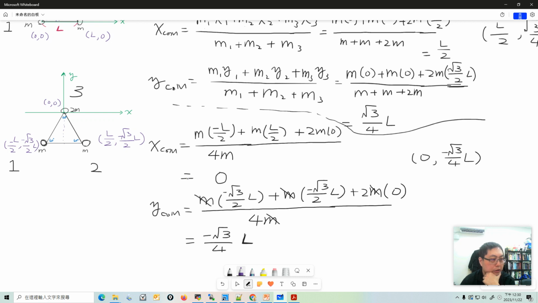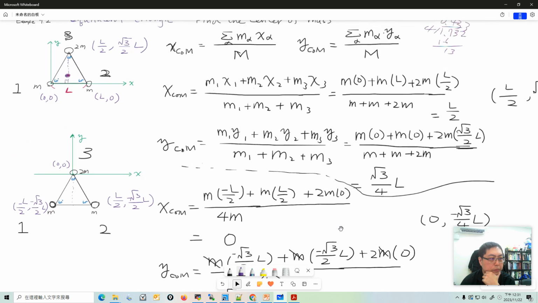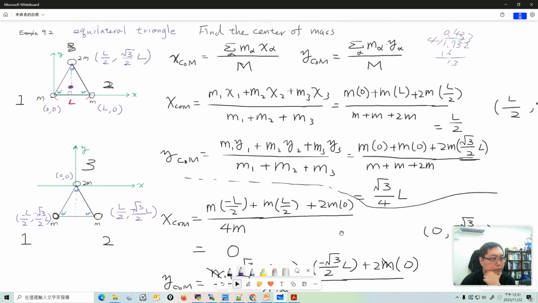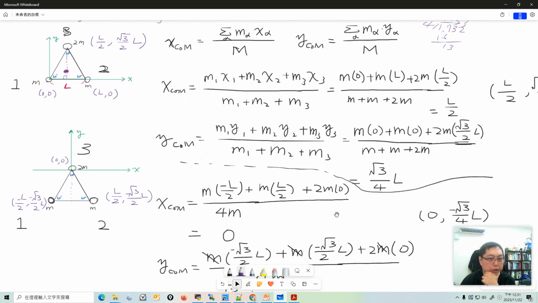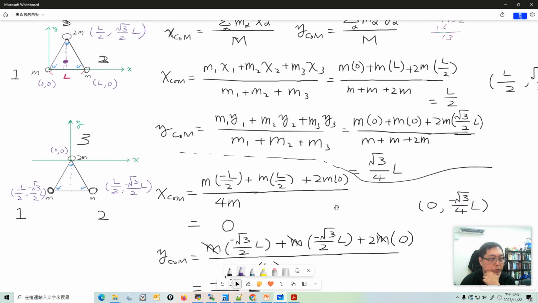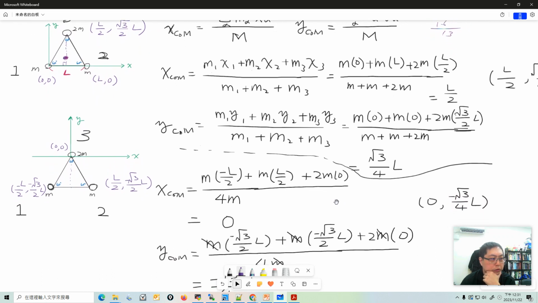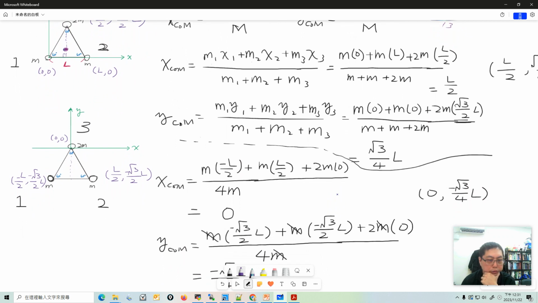Its value is 0 and minus square root of 3 divided by 4 times L, but actually its position is right here. I think it's right here. The x coordinate is 0, so 0 is here.